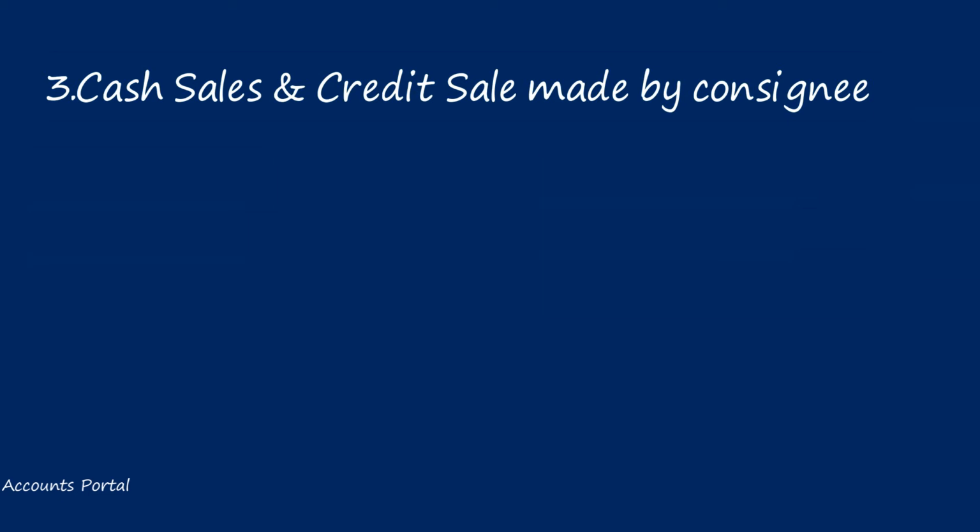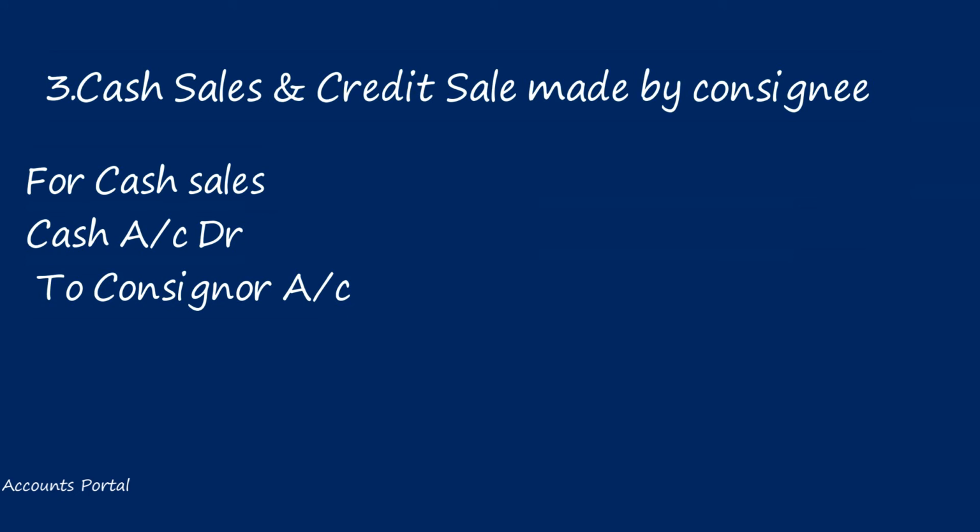For cash sales, the general entry is cash account debit to consignor. Why is the consignor account credited? Because from the viewpoint of the consignee, the consignor is a creditor, a liability holder. So cash is payable to the consignor. So what is the general entry? Cash account debit to consignor account.